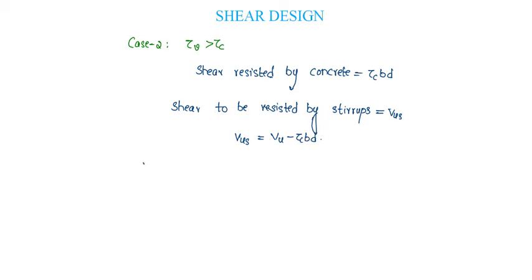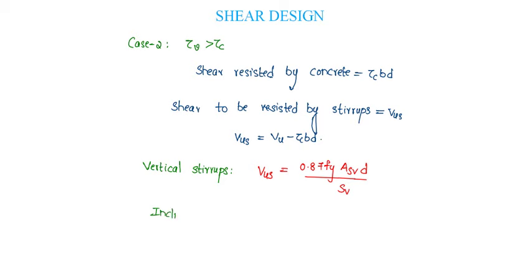Now when vertical stirrups are used, then VUS will be equal to 0.87 Fy ASV into D by SV, where SV is spacing and ASV is area of stirrups provided.